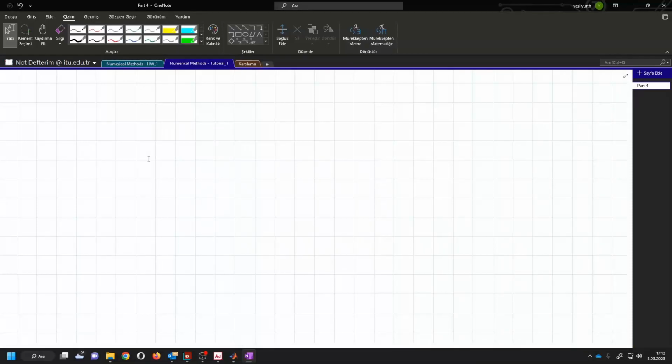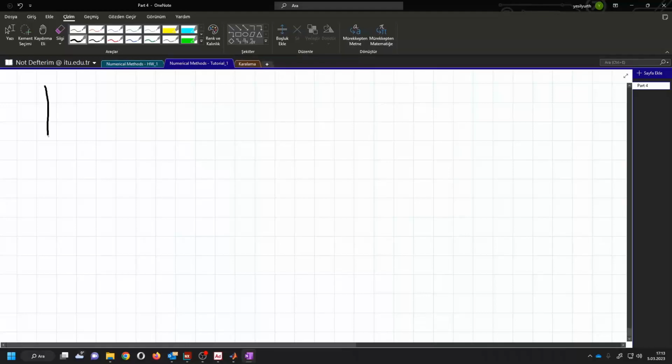So if I am going downward, what happens? G increases and rho also increases. This is the gravitational acceleration, this is the air density, and their directions are opposed to each other while I am going in downward direction.